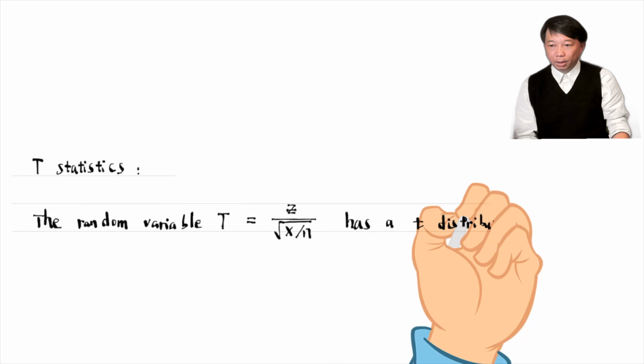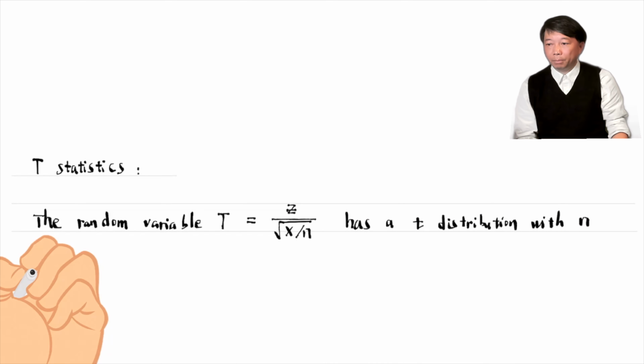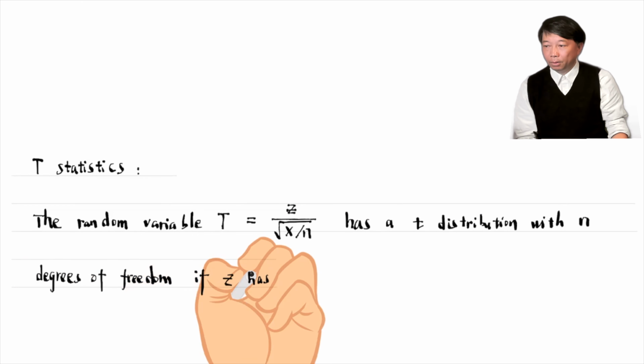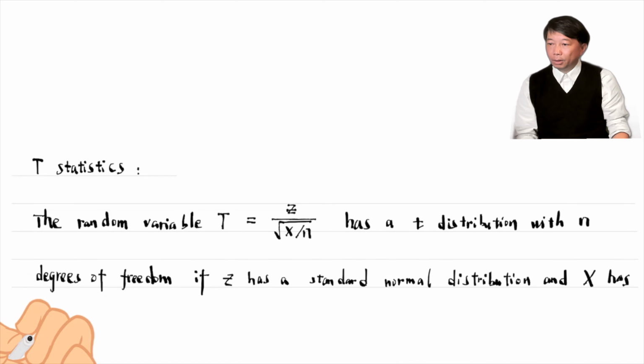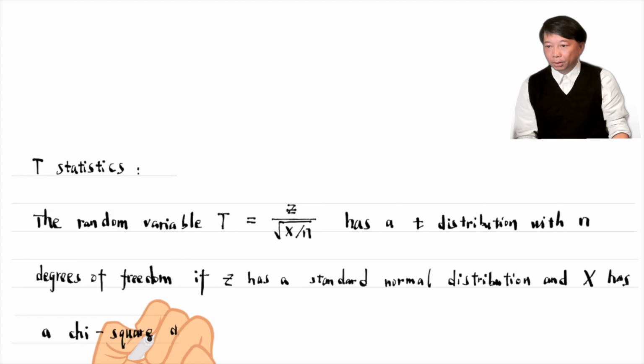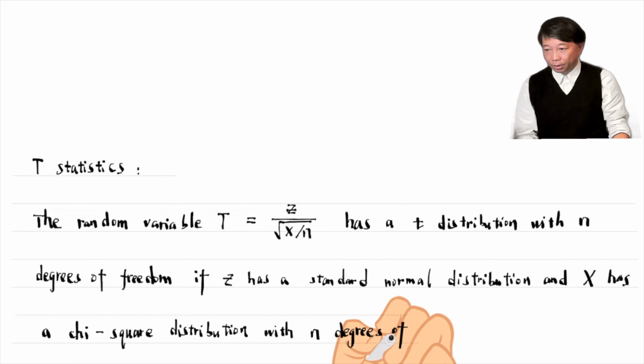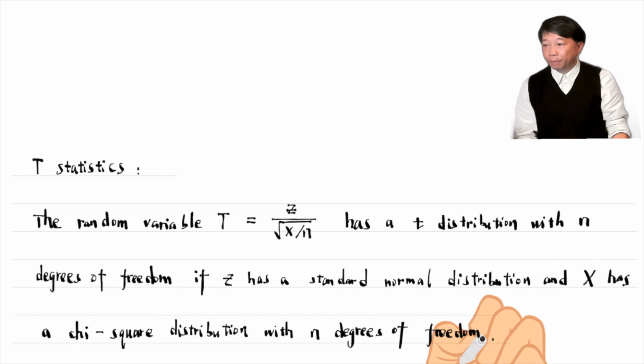We can obtain a t-distribution from a standard normal variable and a chi-square random variable. The random variable t has a t-distribution with n degrees of freedom if its numerator has a standard normal distribution and its denominator has a chi-square distribution with n degrees of freedom.